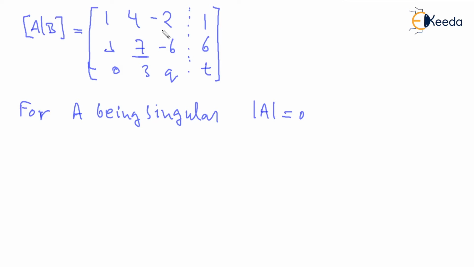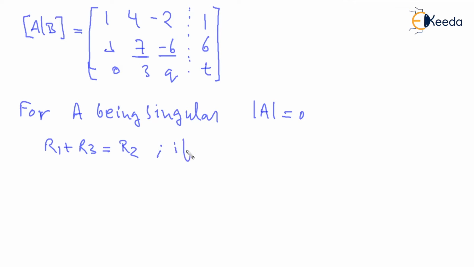So if minus 2 plus q gives minus 6, then this A matrix, this is your A matrix, this is the overall A augmented matrix, will become singular because there will be a linear relationship between the rows. And that relationship is row 1 plus row 3 equal to row 2.